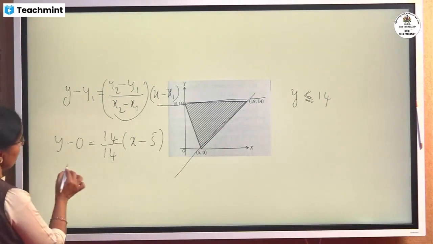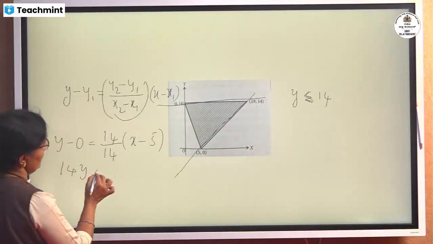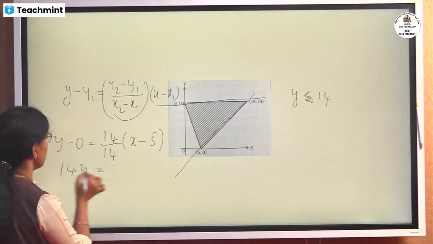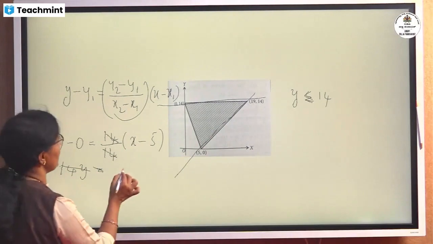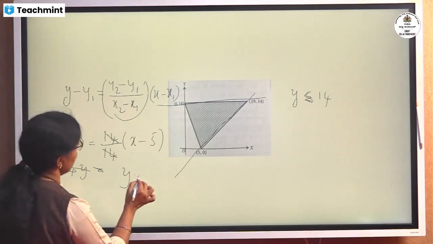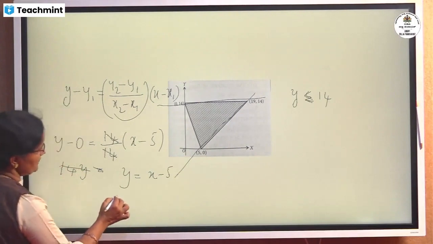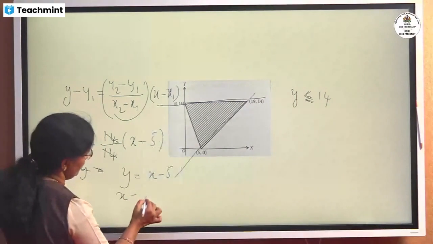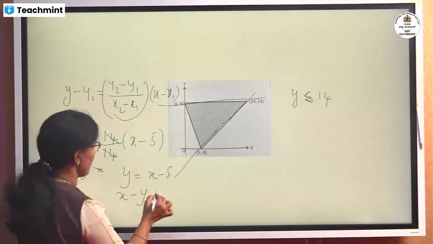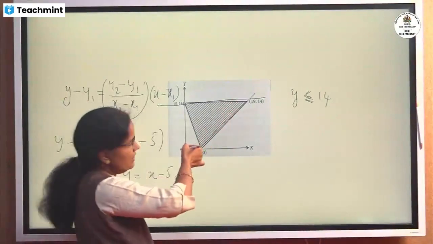Therefore, the equation becomes 14y is equal to 14 times (x minus 5), so 14 and 14 will be cancelled. y is equal to x minus 5, so x minus y is equal to 5 is the equation of this line.